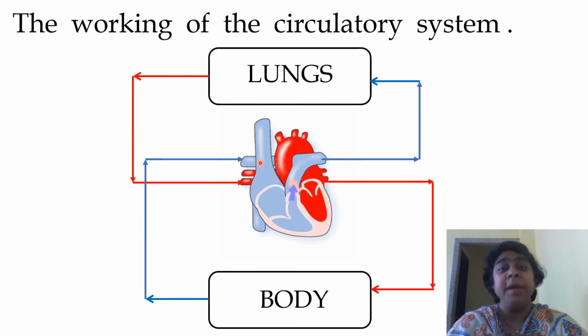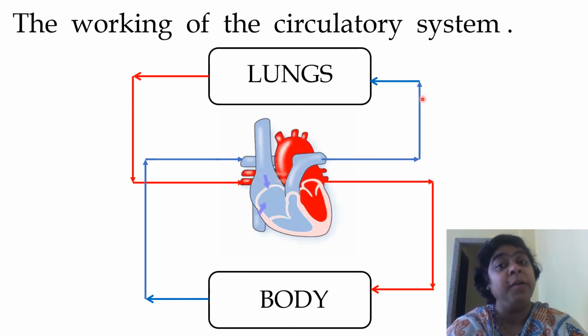Okay, children? Now, children, this diagram is also there in your textbook on page number 71. You can refer to that or you can see this. Remember, I have used red to show you the arteries and blue to show you the veins.